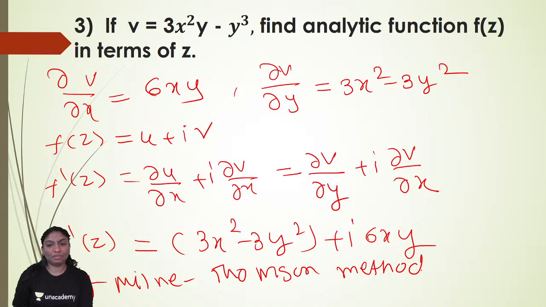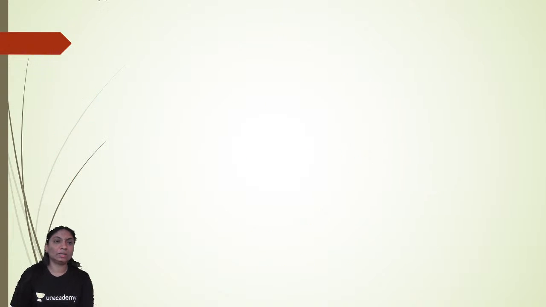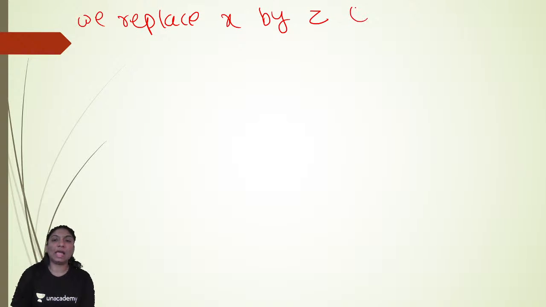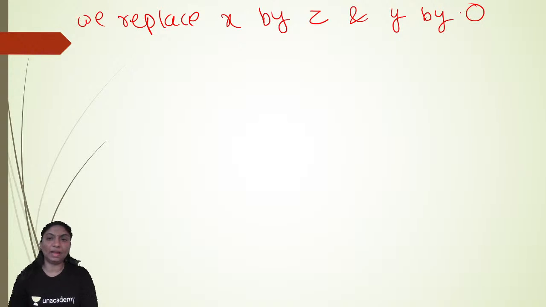By the Milne-Thomson method we replace x by z and y by 0.